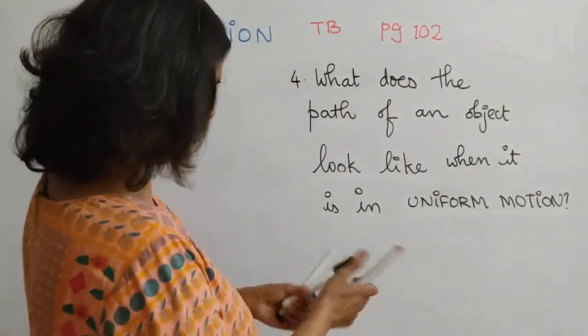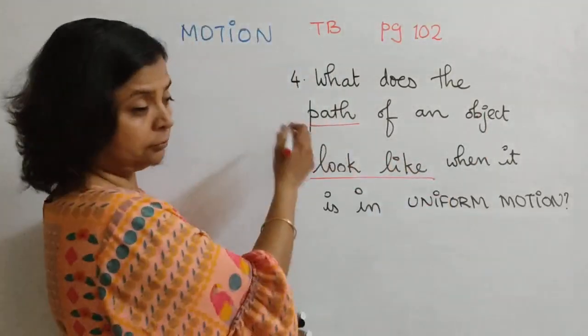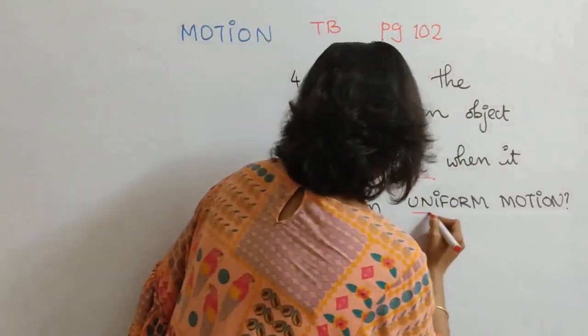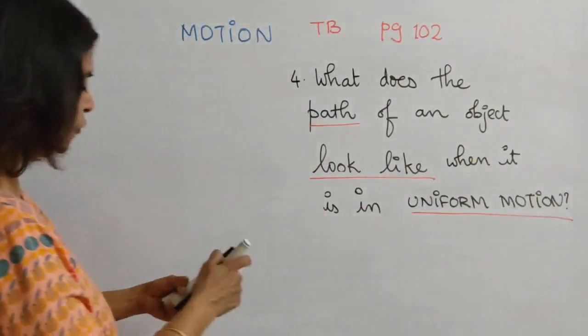What does the path of an object look like when a body is in uniform motion? Well, first we have to define what is uniform motion.